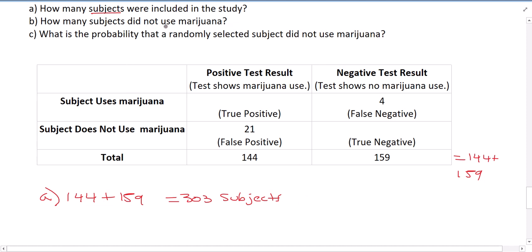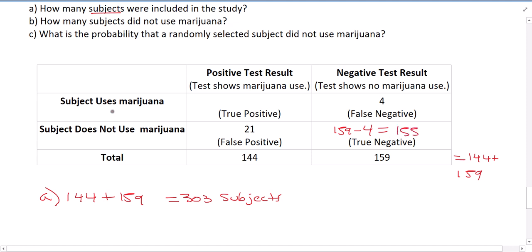How many subjects did not use marijuana? So I have subject uses, subject does not use. So it's 21 plus whatever number is in here. So how do I find that value? Well, I know the total. There are 159 people who tested negative and 4 who actually do use. So I find this number by doing 159 minus 4, which is 155.